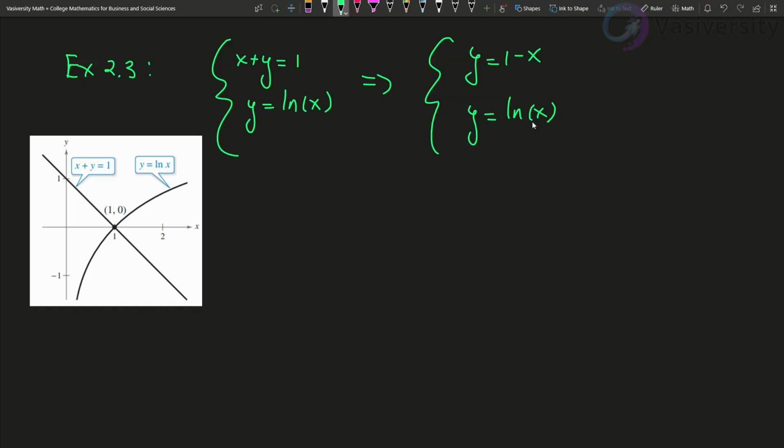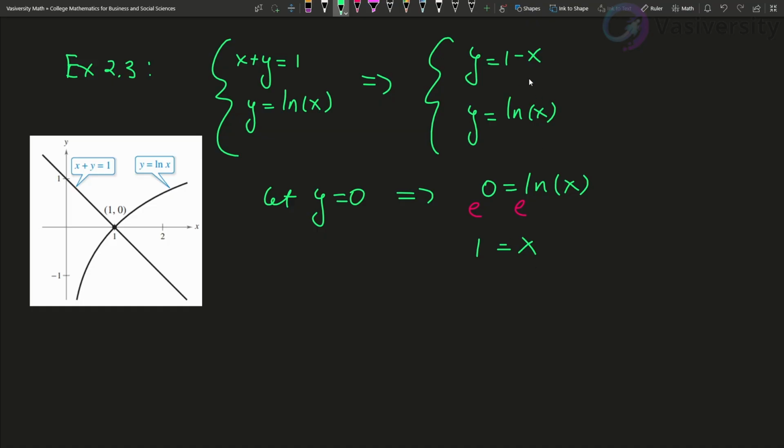So what we can do, we can try to guess, right? Let y be equal to 0, so then 0 equals ln of x, and we do know how to solve that kind of equation. We raise e to the left-hand side and e to the right-hand side power, so we're going to have 1 is equal to x.